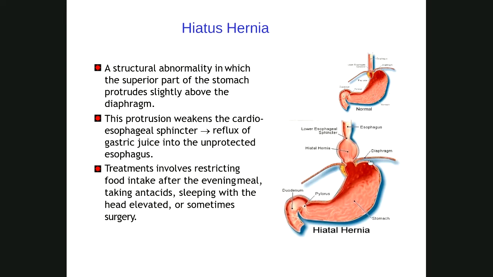So this will cause reflux of food into the esophagus, okay? So it's a structural abnormality in the superior part of the stomach, protruding above the diaphragm. It weakens the sphincter, causing reflux of gastric juice into the esophagus.